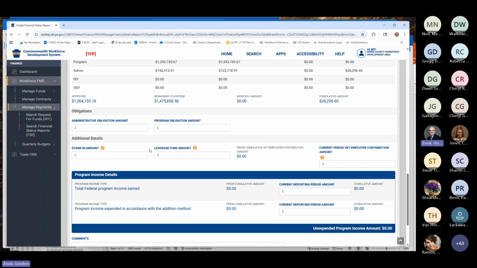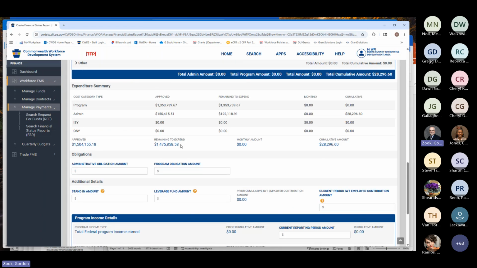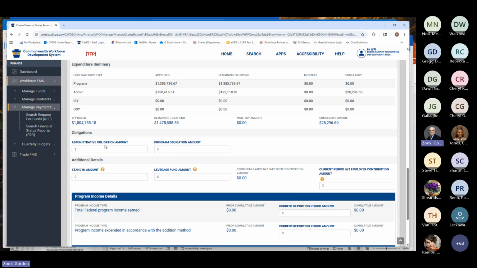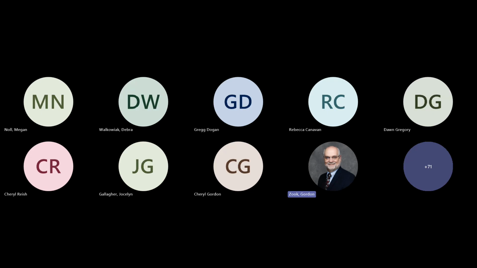A couple things to note. First of all, it's very important. The bottom of the FSR has several areas for you to also enter information, and I'm going to switch over to my other screen to show that.